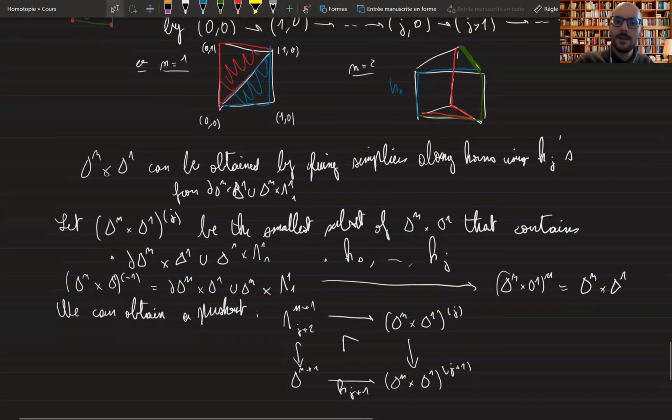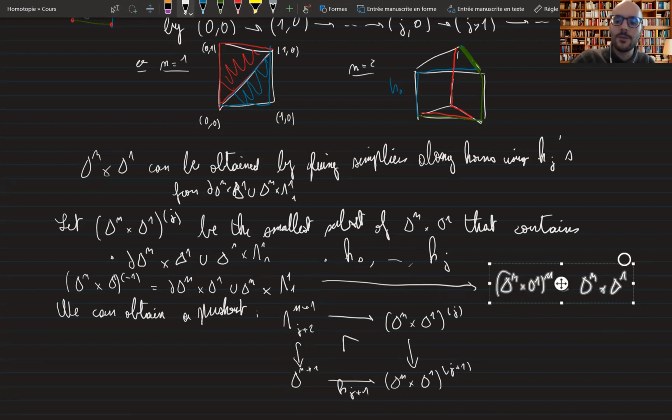Okay. So there is a lot of combinatorics to write down the correct formulas, but visually it's pretty clear what's going on, right? So is this okay for everyone? So you start from this space and you glue along horns a bunch of n plus 1 simplices in order to get to this space.